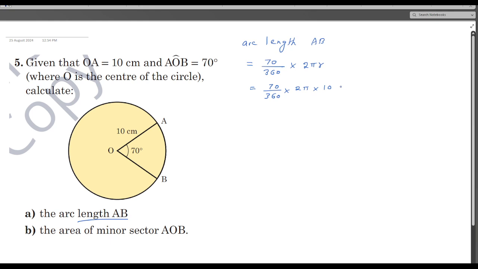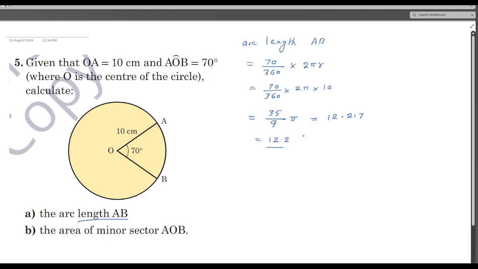So 70 divided by 360 into 2 into pi into r, where r is 10. So the result will be equal to 35 divided by 9 pi. So 35 divided by 9 pi is equal to 12.217, which is equals to 12.22, or I will say that 12.2.